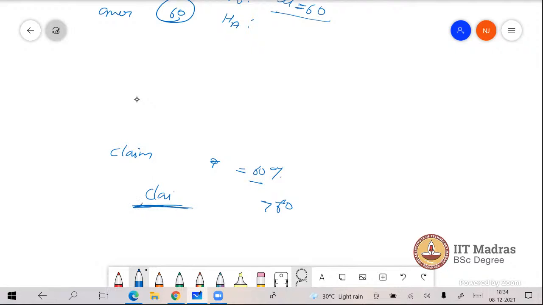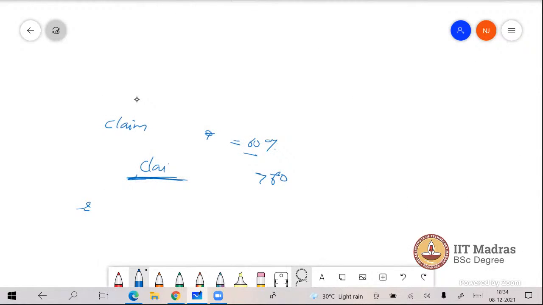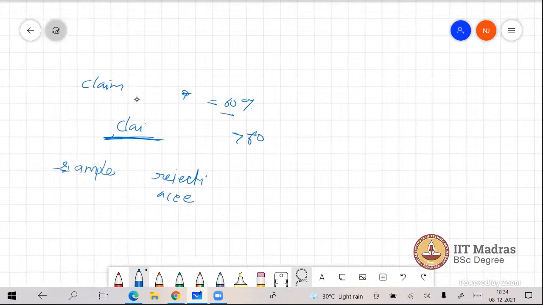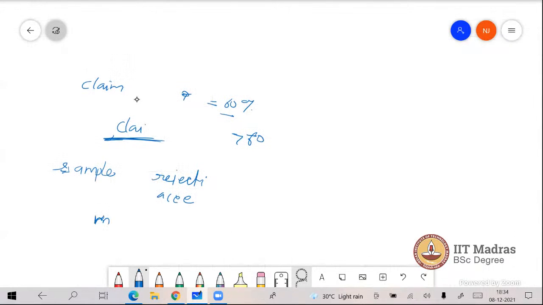To prove my claim, I will collect some sample, and from that sample I will do the analysis. We will find the rejection region and acceptance region on the basis of the error, because you might make errors.